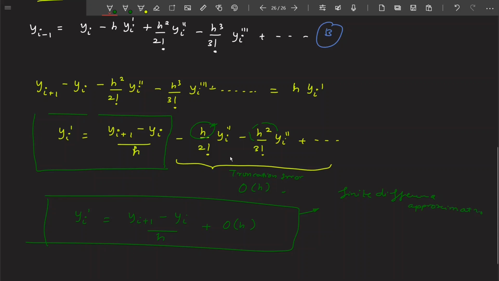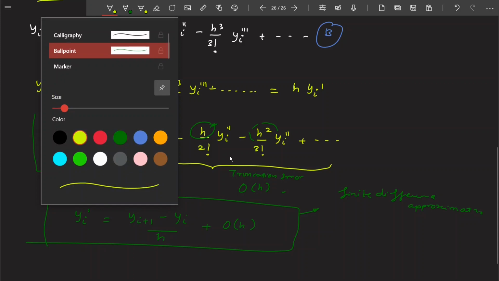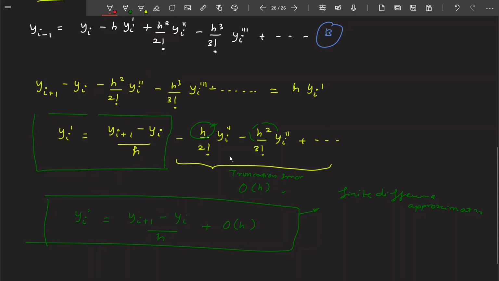And this has a special name. This approximation is known as forward finite difference scheme. So this is known as forward finite difference approximation or scheme.